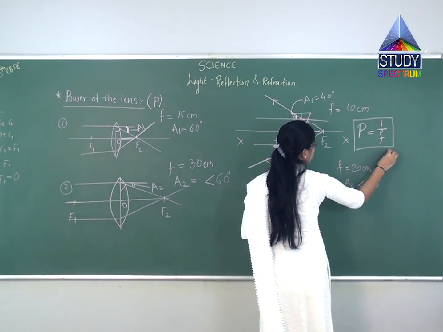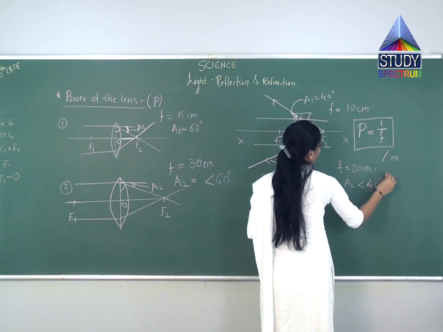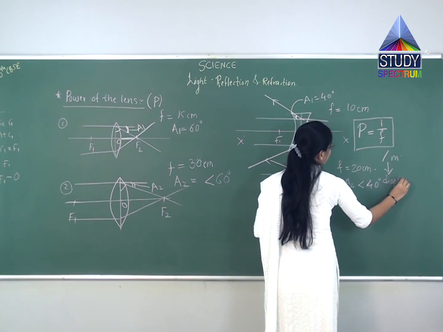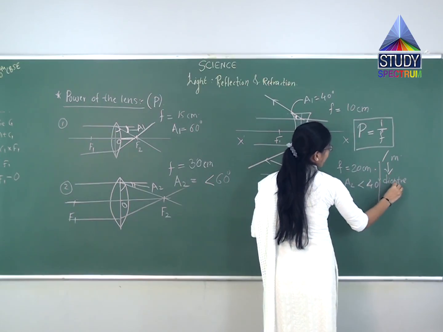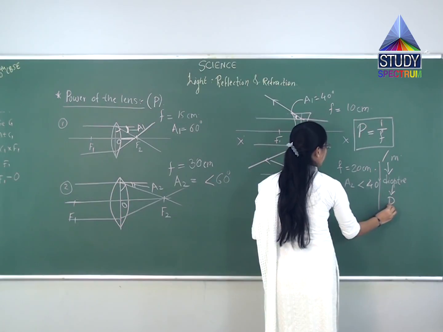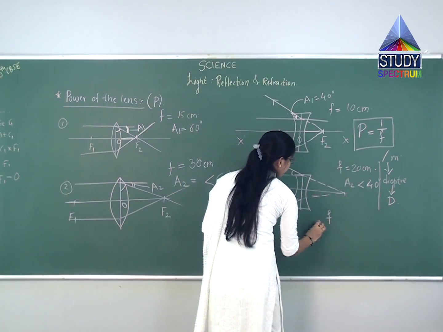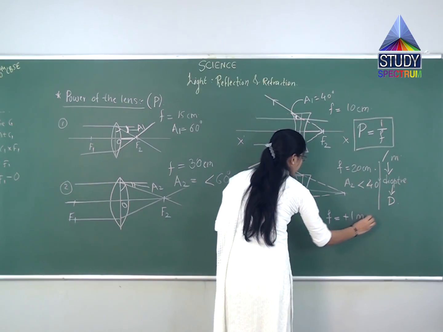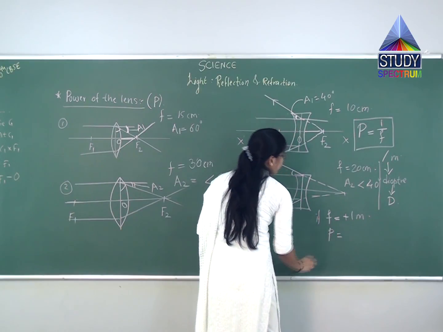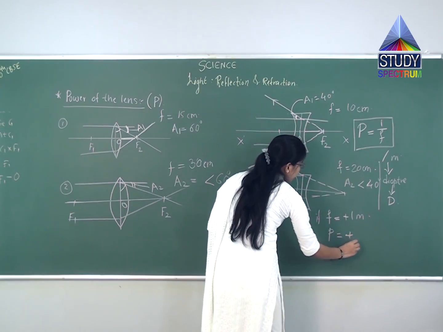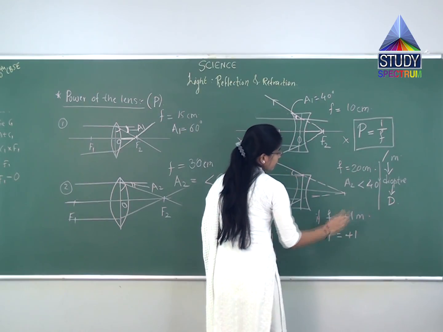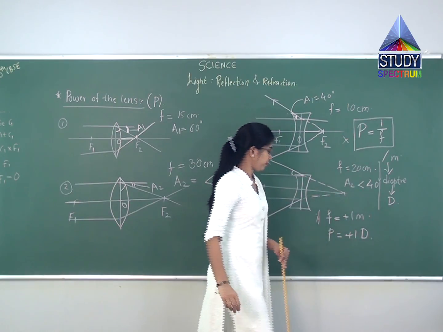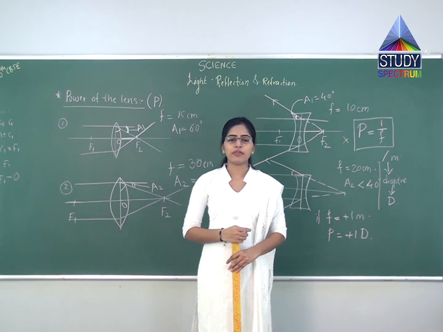So the SI unit is per meter, and it is known as diopter, denoted by capital D. If the focal length is plus 1 meter, then the power will be 1 upon plus 1, that is, 1 diopter. So in this way you will write the power.